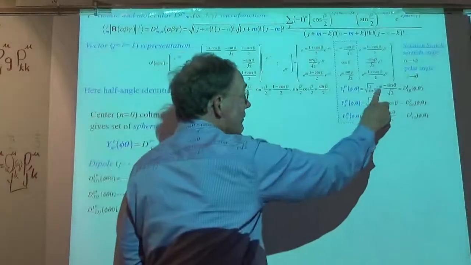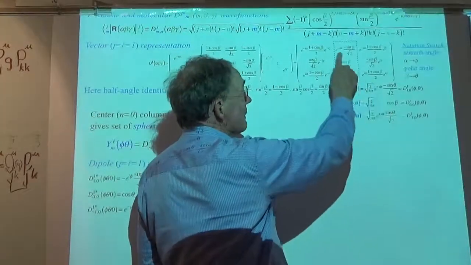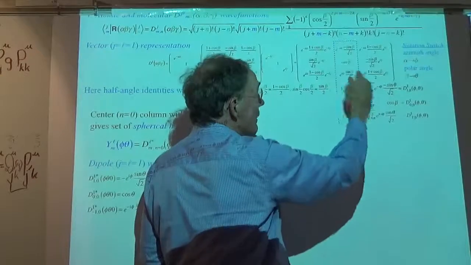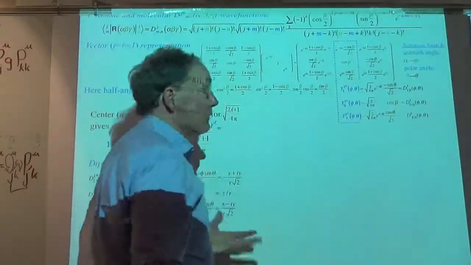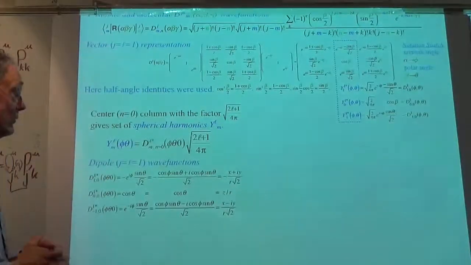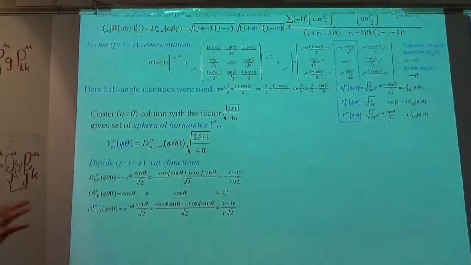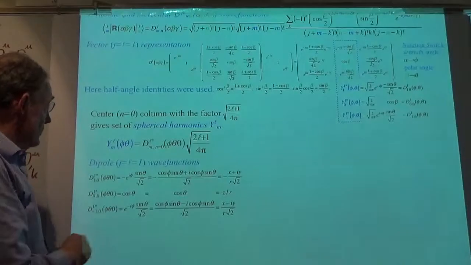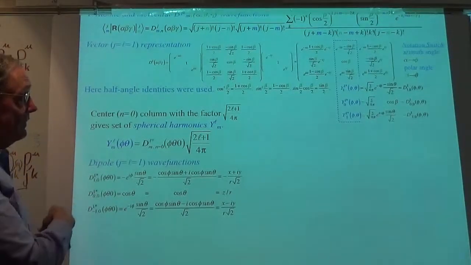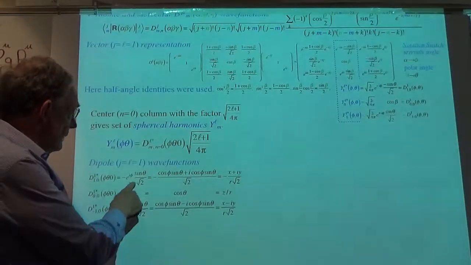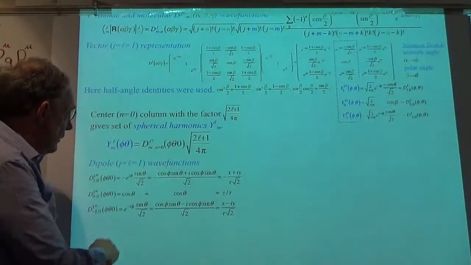You notice the minus sign on e to the i phi here in alpha. So we've just turned alpha to phi and beta to theta in writing out a formula that you find in any textbook that uses standard conventions of phase for orbital wave functions. So here they are again, but this time with a star on the d and making the y. So I have a plus i phi here.